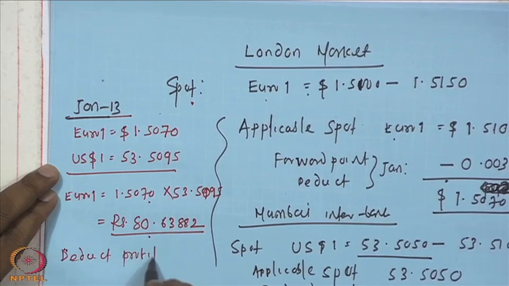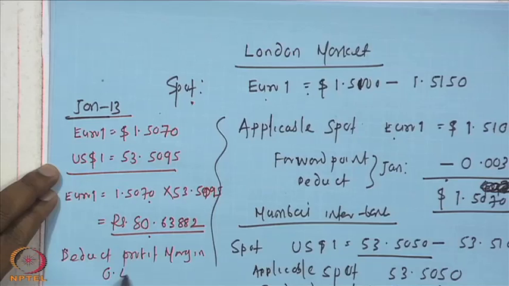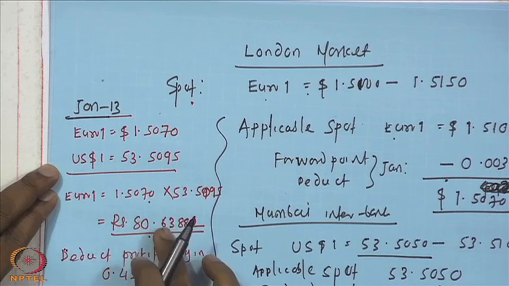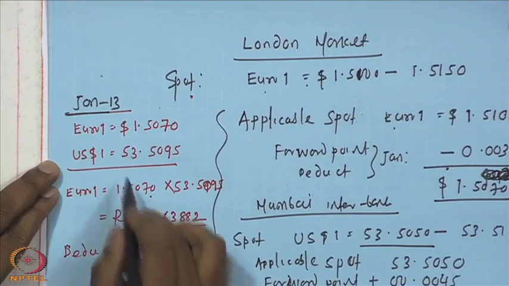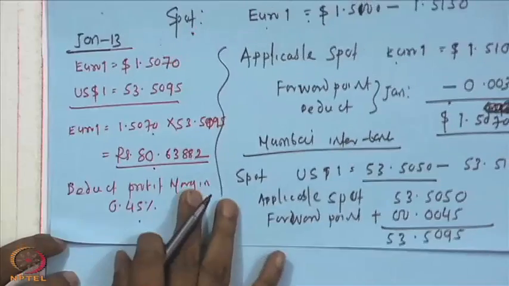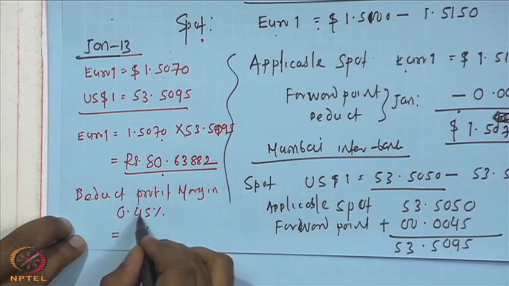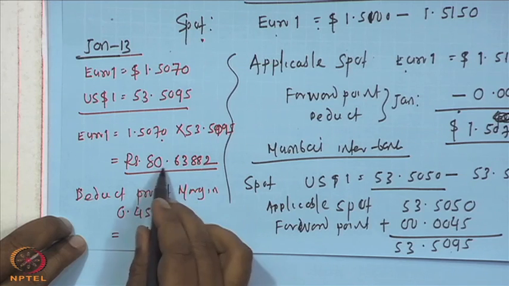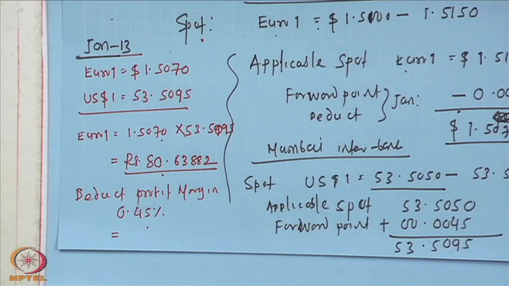Profit margin is 0.45 percentage of 80.6388. Deduct this and you will get the final quote. If you deduct 0.45 percentage of 80.6382 from this, we will get the actual calculation.